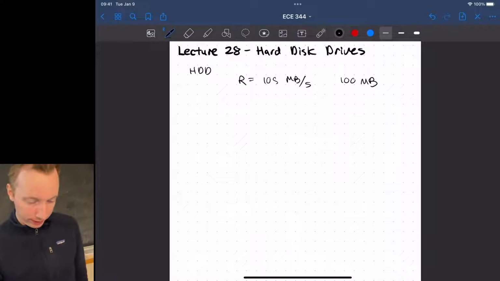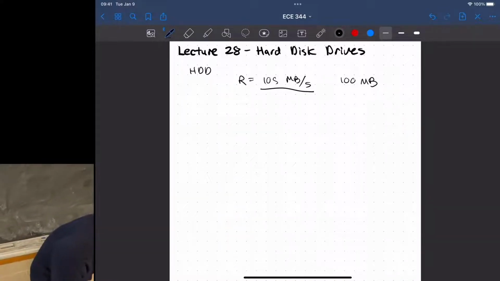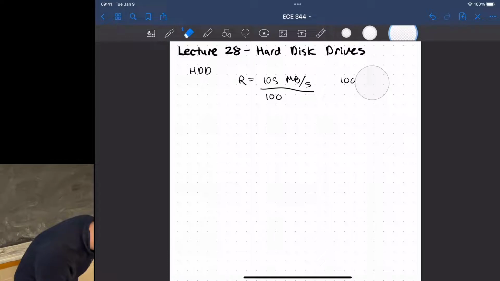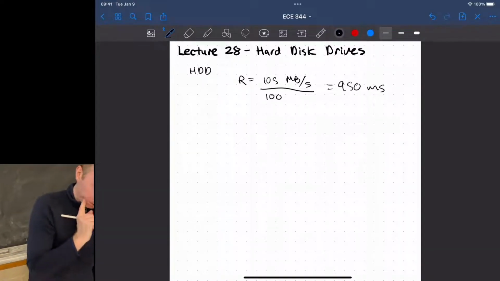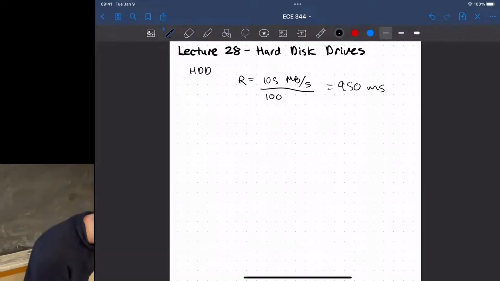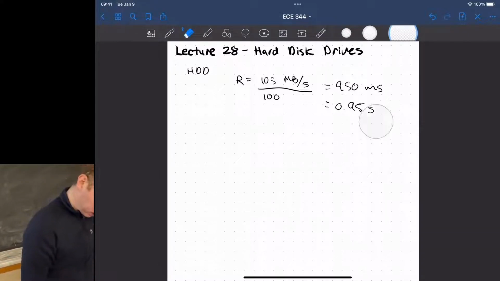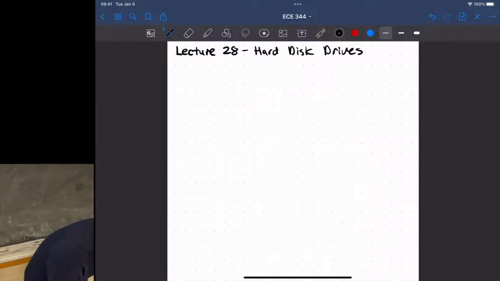So, well, if that's the case, it's just 100 divided by 105 megabytes a second. And then that would give us something like 950 milliseconds, which would actually be like 0.95 seconds. So that's that. The more interesting calculations for the 4 kilobyte read.